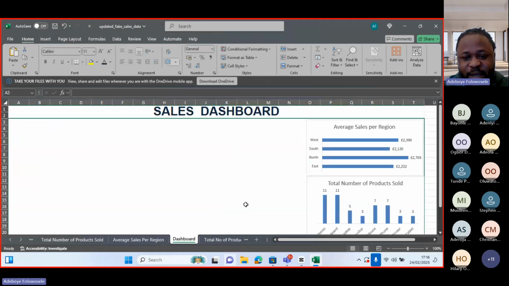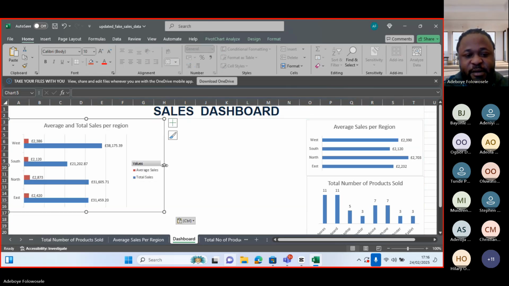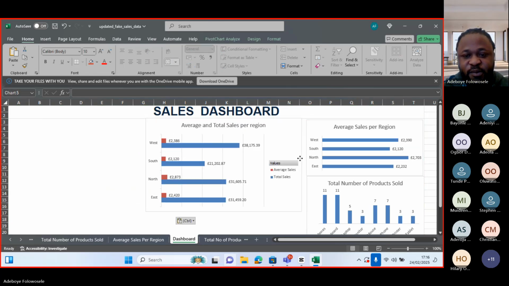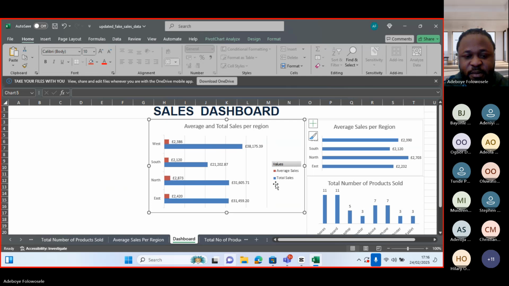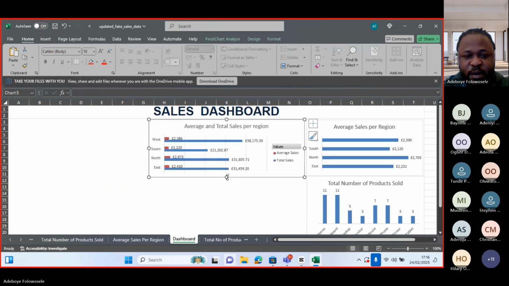So when you get here, you have to click out because if you don't click out, it's going to replace the image that is here. That was what happened to me the other time. So you have to click out, then paste it. So this is average and total sales per region.